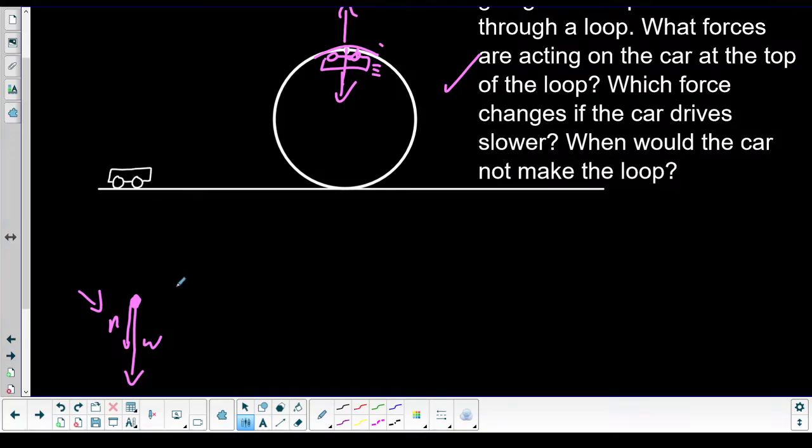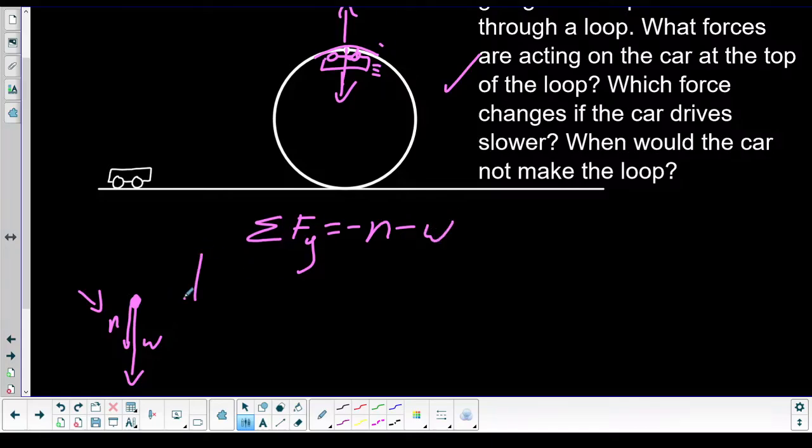So let's perhaps examine our sum of forces, because I think this kind of begs the question, which force changes if the car drives slower? Okay, you didn't even know one of the forces changes if the car drove slower. It's the normal force. Let's find out why that happens. So if we look at our sum of forces in the y direction, the vertical direction, we have negative normal force minus weight.